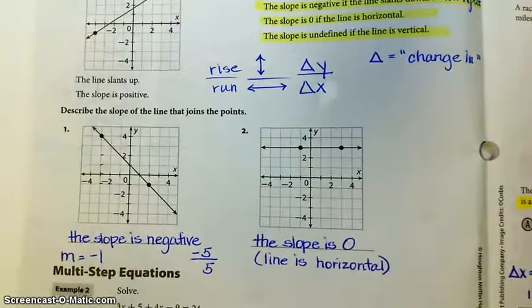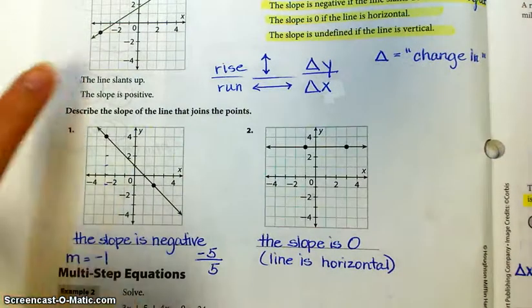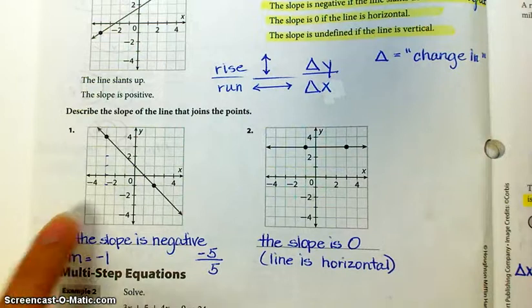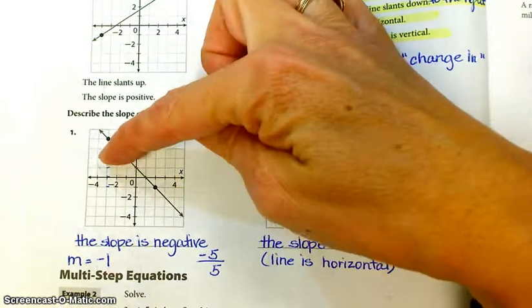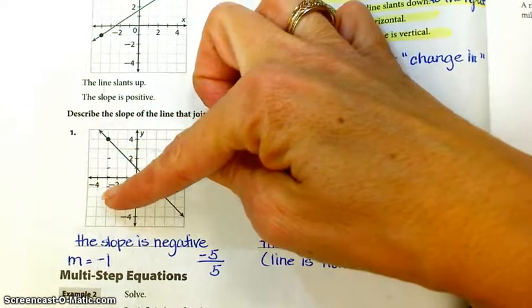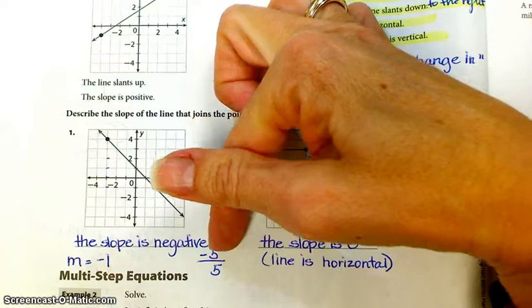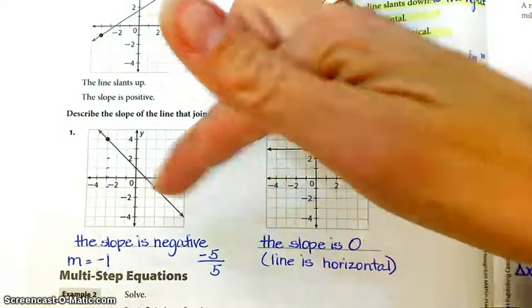Looking at these down here, they did this one for you. This one, the slope is negative because it slants down and to the right. If I wanted to take a look at this, I could go, that's 5 boxes down, so a -5 is my change in y values, and then 5 boxes to the right is my change in x values.